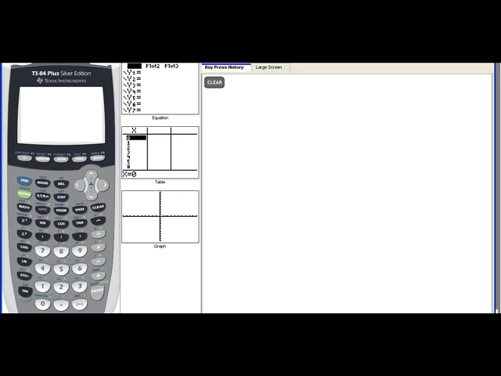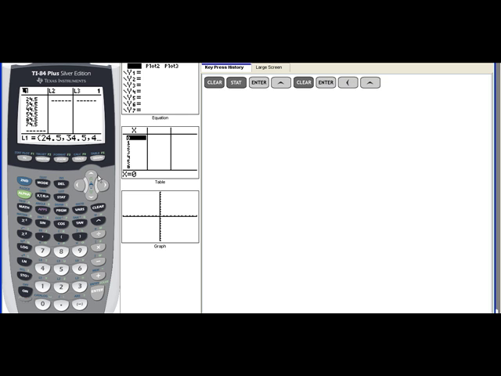Okay, so what I want to do is go to Stat, and I want to go to Edit, and let's see, I'm going to clear my two lists. Okay, and clear this list 1, highlight the L1, clear, and enter.